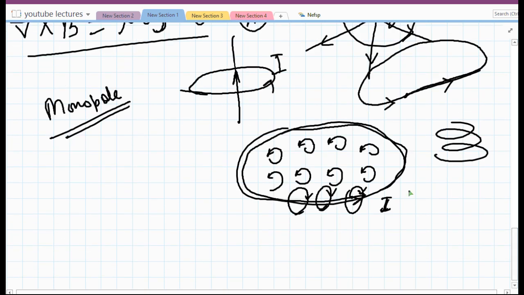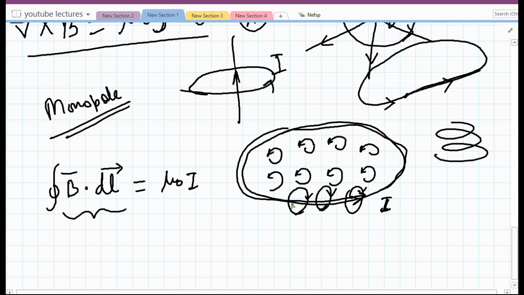Ampere's law will give you what happens. It says that if you integrate the magnetic field over any closed loop, it will simply give you the current. All the magnetic field which is bounded by the surface, bounded by any kind of region, that is any kind of closed path, will give you the current that the surface encloses.